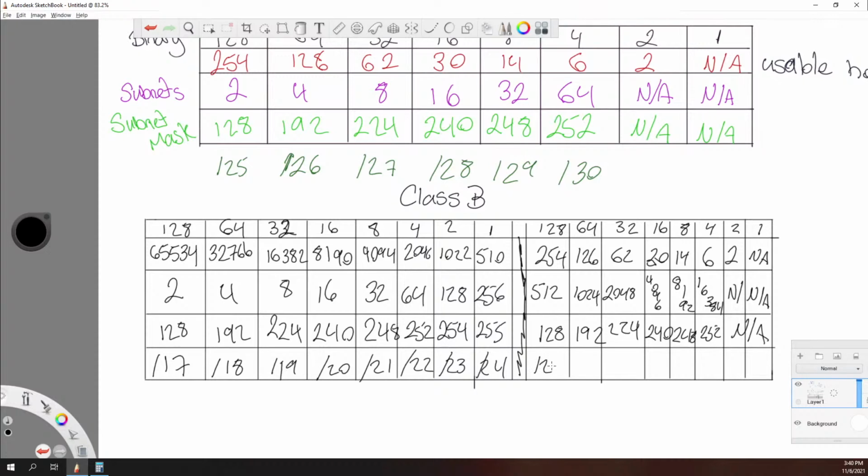So /25, /26, 27, 28. I'm not going to have enough space for this, I'm just going to put 29. And last thing is the 30. And like I said, you can't give away all the portions, so that's part of the reason why we end up where we are at that little crossroad.